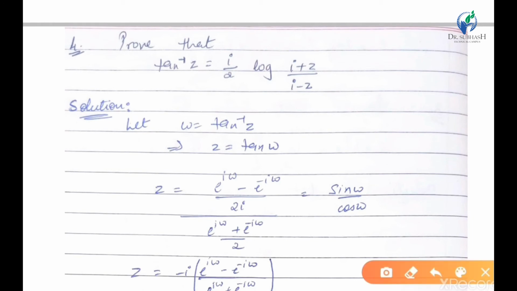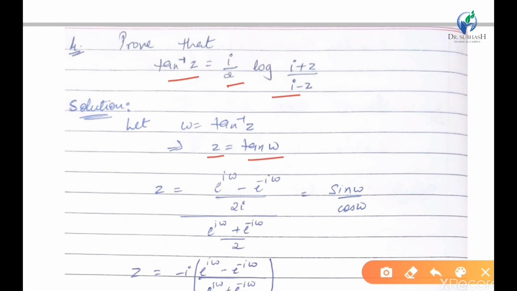Prove that tan inverse z is equal to i by 2 log of i plus z upon i minus z. Again we will assume here w equal to tan inverse z. So z will be equal to tan w.